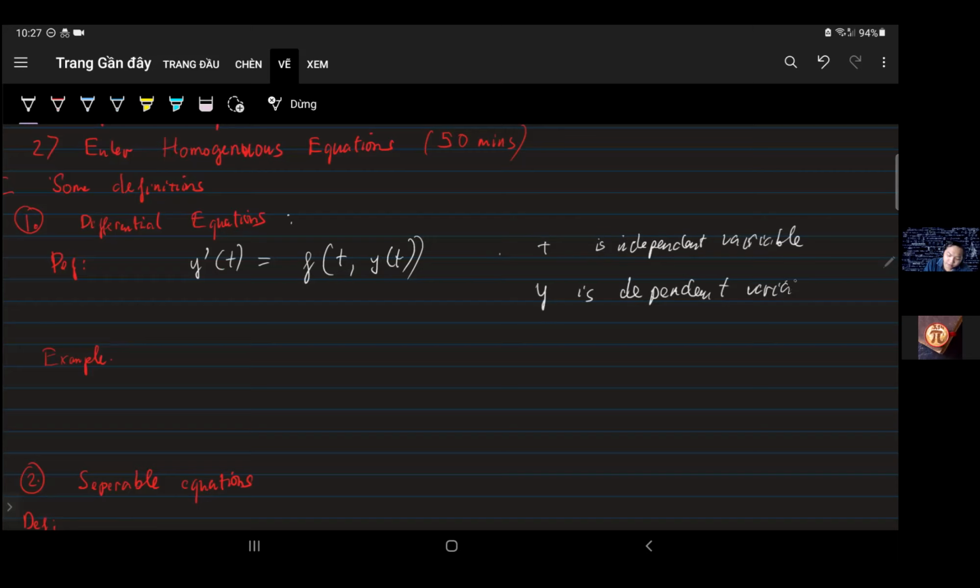As long as you can write the right-hand side as a function f depending on t and y, it is a differential equation.